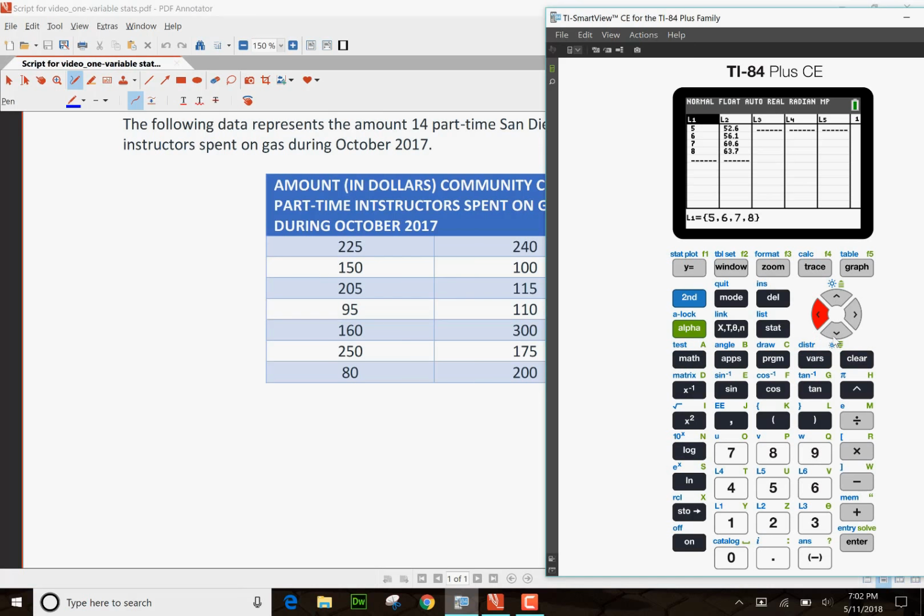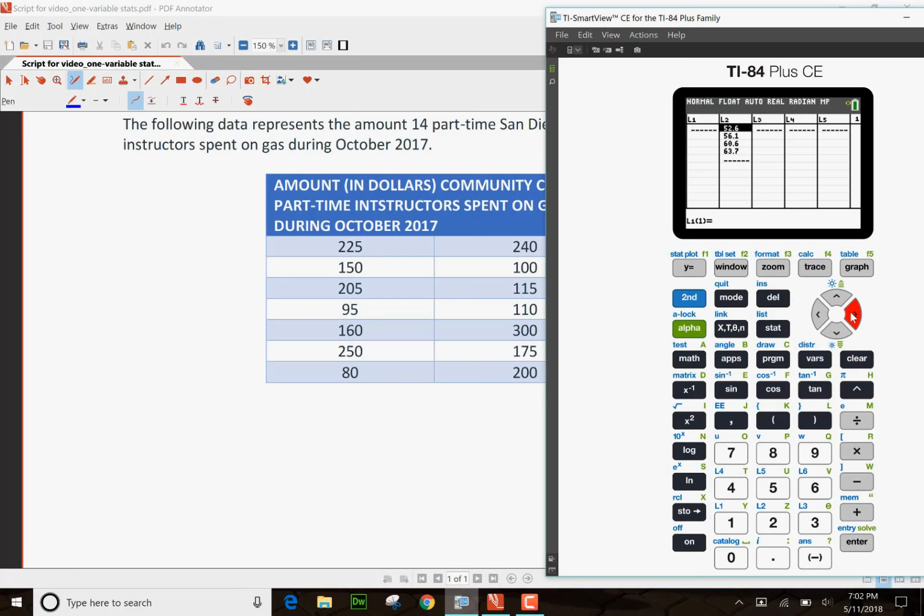To clear L1, if you highlight or lowlight L1 and then you hit clear, don't hit delete, hit clear, then you will clear the list but not the column. So you hit clear and then enter, and like magic, it starts anew.